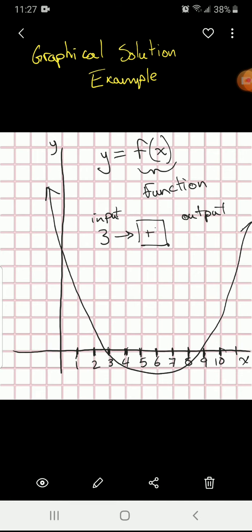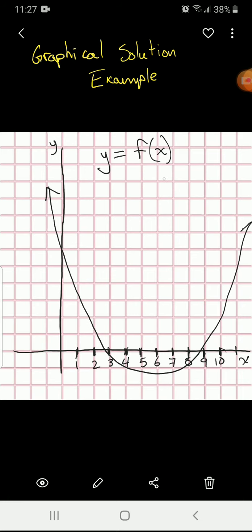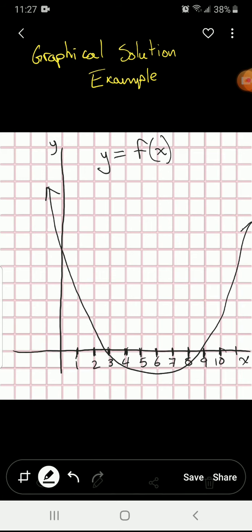Let's say it's plus 3, so your output would be 6. So all we're saying is that this parabola, this graph, is some function. Y equals some function f of x. Don't get too hung up on this f of x, it just means function.